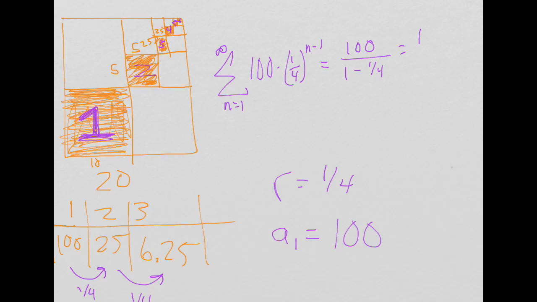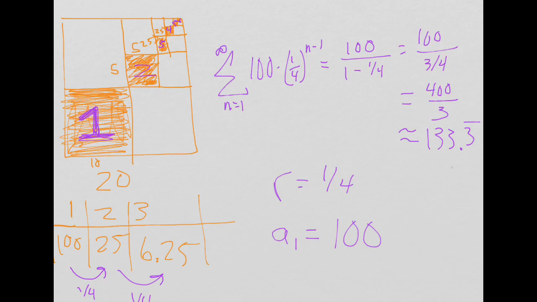So we have 100 divided by 3/4, which is the same as 100 times 4/3. So we're going to get 400/3, which is approximately 133 and a third. Not approximately, it's exactly that. It's 133 and a third.